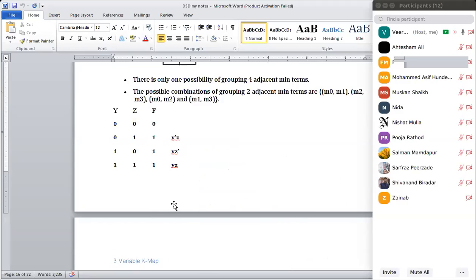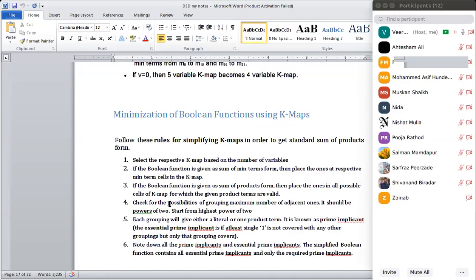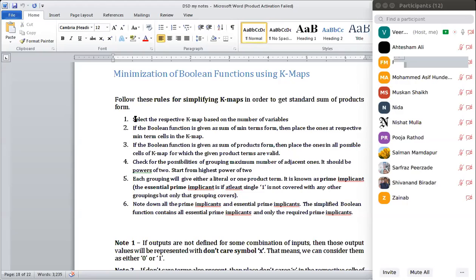How we are going to do that? First of all, we need to select a particular K-map based upon the number of variables, whether we have 2 variable inputs, 3 variable inputs, 4 or 5 variable inputs. Then we need to go for the min terms.